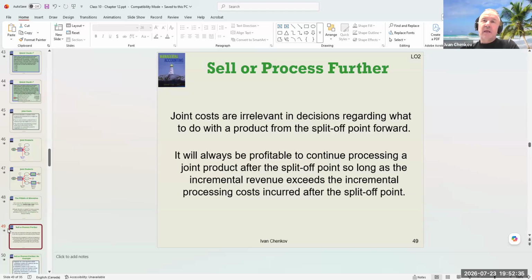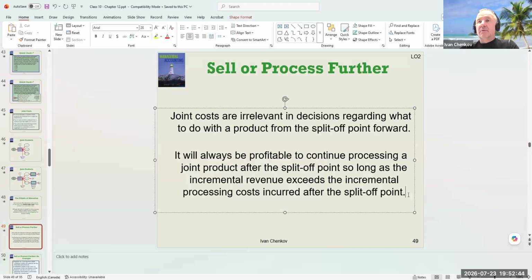Now, imagine for a second, I'm a dairy farmer. What that means is I'm producing milk, and I'm selling the milk at $5 per liter.